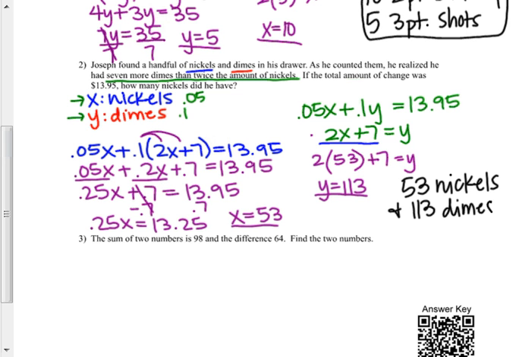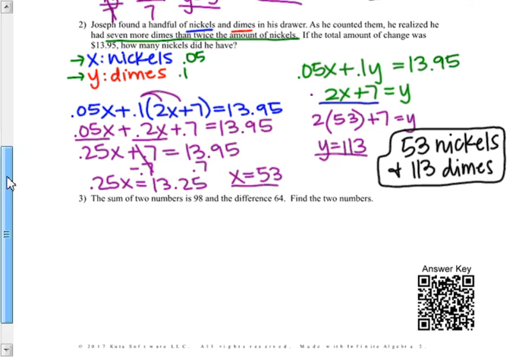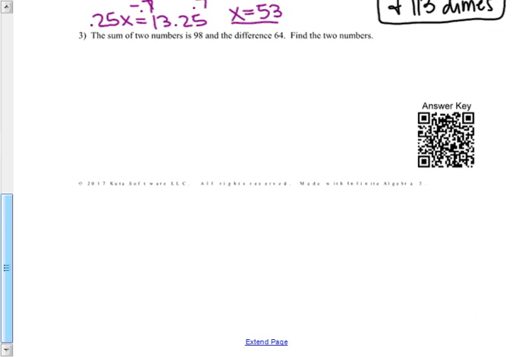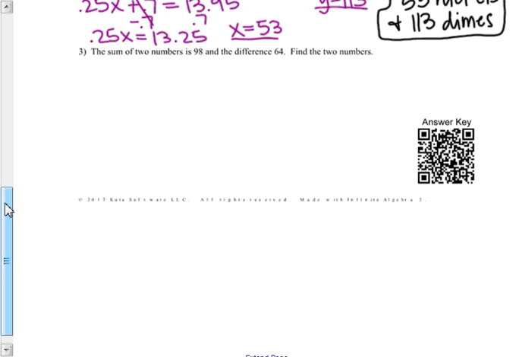Then to get x by itself, I can go ahead and just divide by 2. I get x equals 81. And then plugging that back in to this equation here, I can just say that 81 plus y would get me 98. And then I can subtract 81 from both sides to get y by itself. So y equals 17. So here's my two numbers.